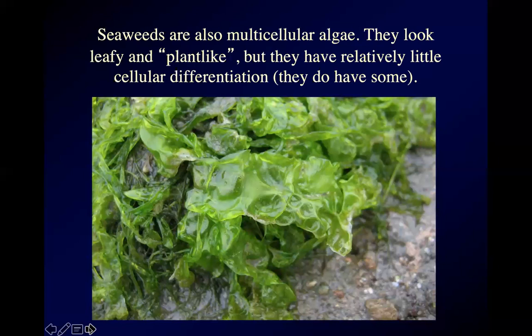Those would be considered protists. Protists that soak up sunlight and grow by a process called photosynthesis are what we usually call algae. So this sea lettuce right here on the Pacific coast of North America is an example of an alga, and we classify this as a protist, not a plant.